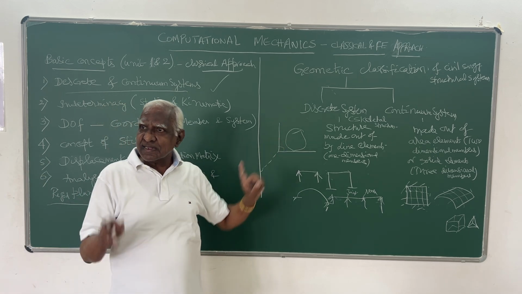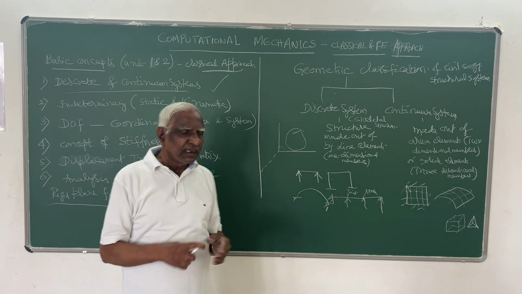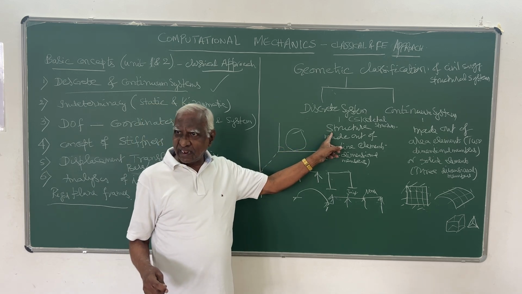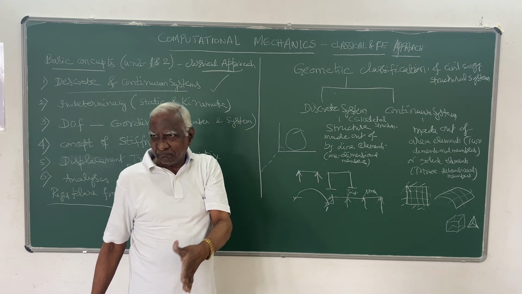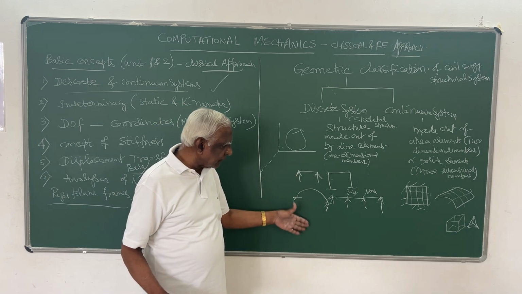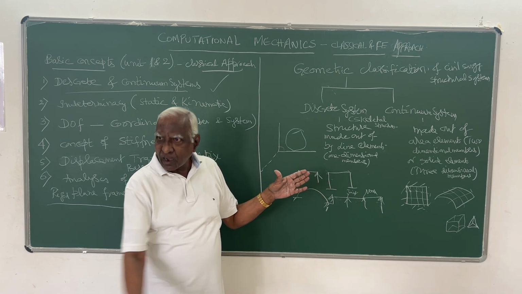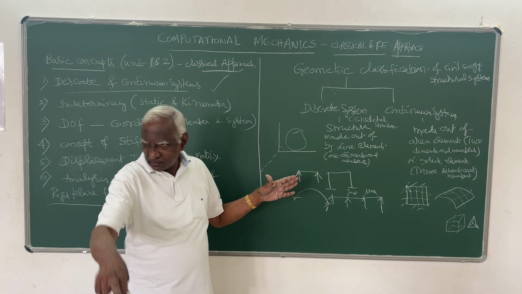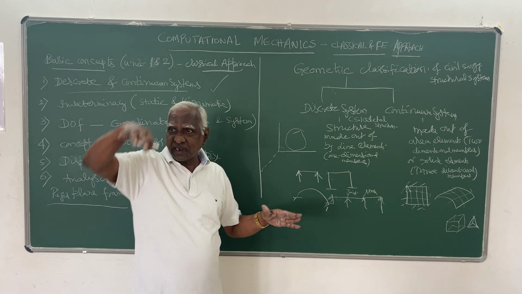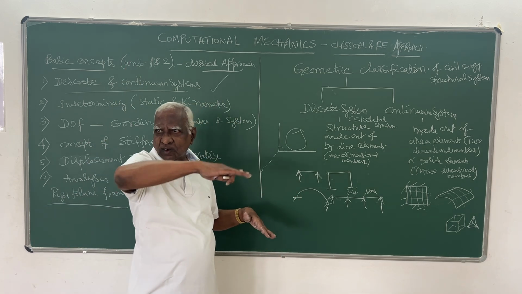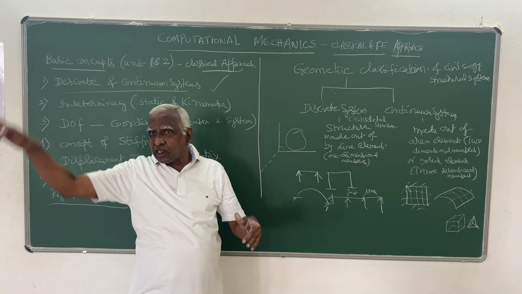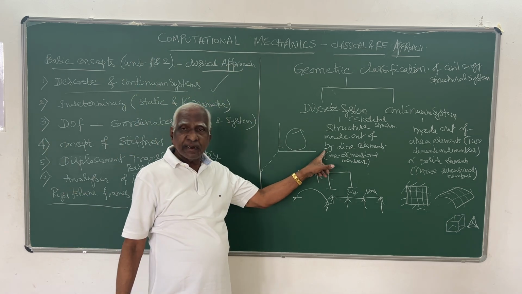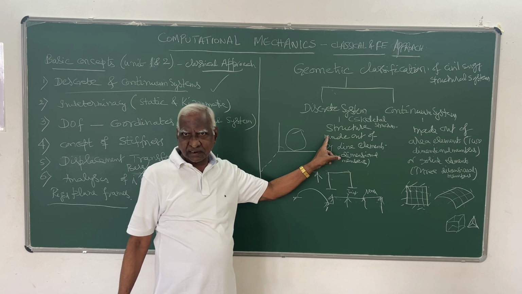Planar discrete structure means if all the line elements in the structure lie in only one plane, either a vertical plane or a horizontal plane. Like beams, columns, you can treat it as a horizontal plane or as a vertical plane. If all elements lie in one plane, it is called planar structure.